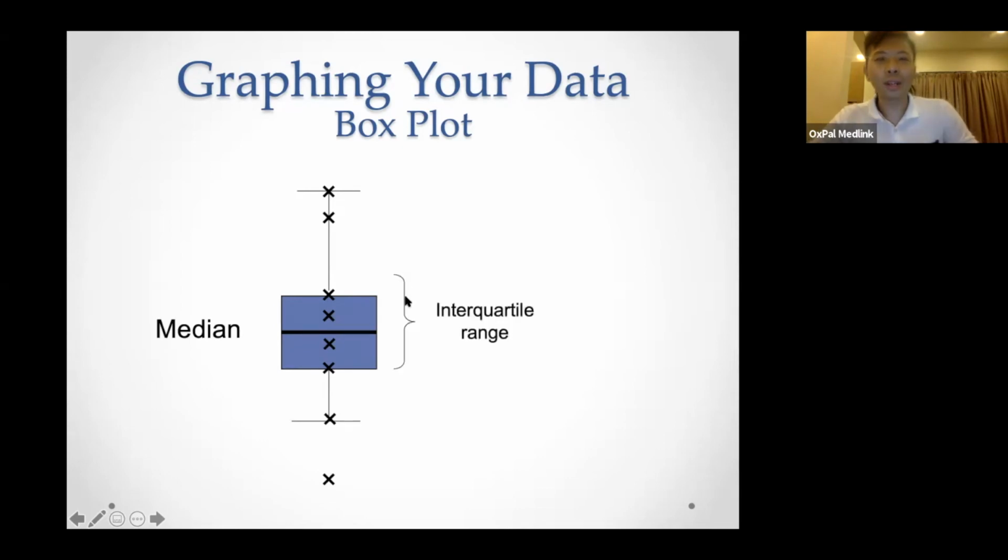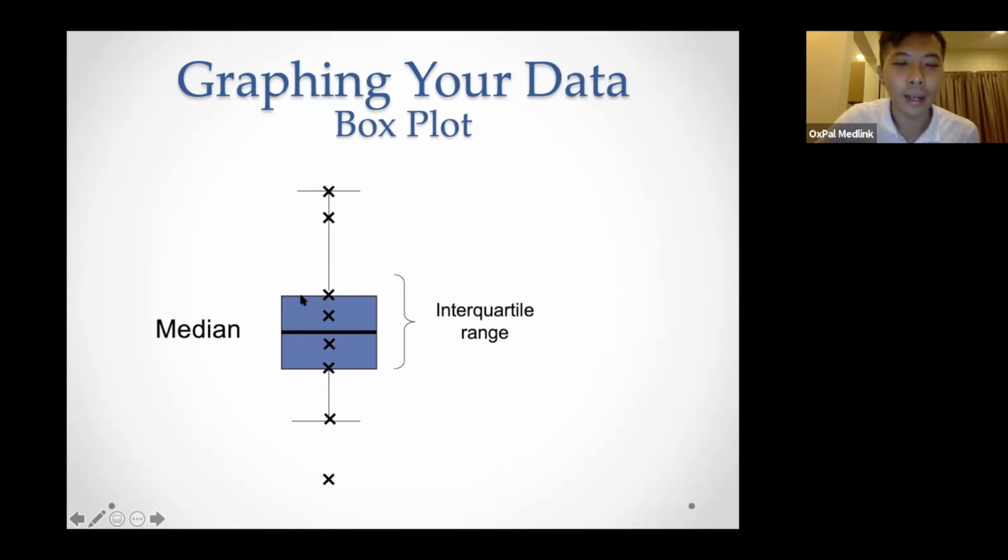The interquartile range is the box, okay? And so the box is drawn at the 25th percentile and the 75th percentile. This is 75%, okay?